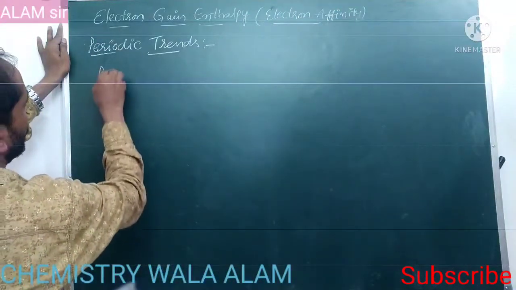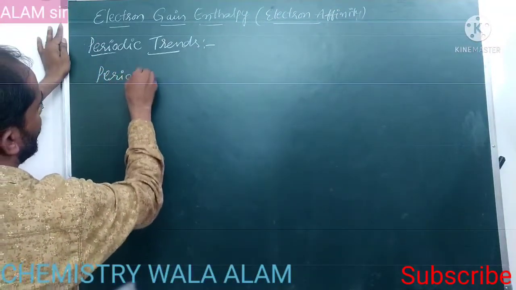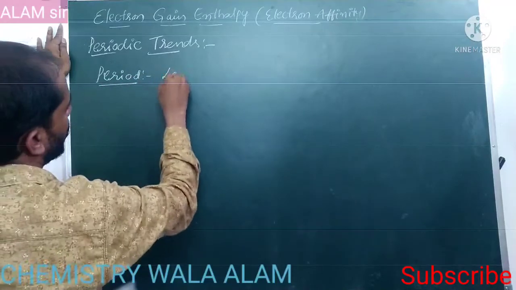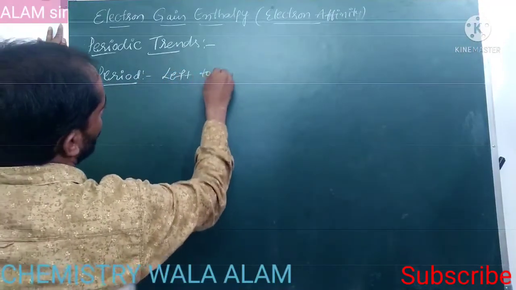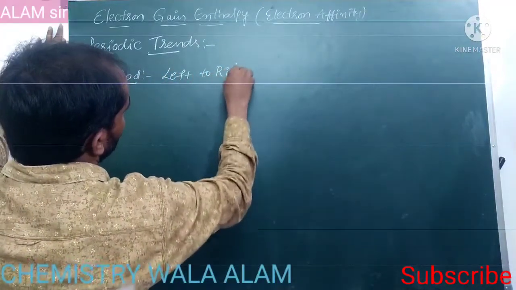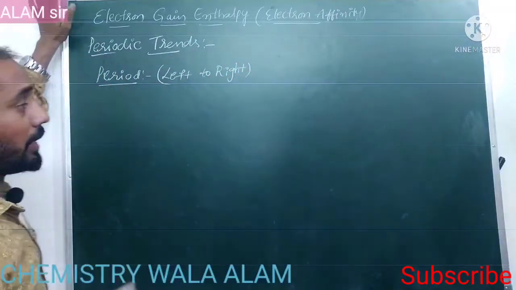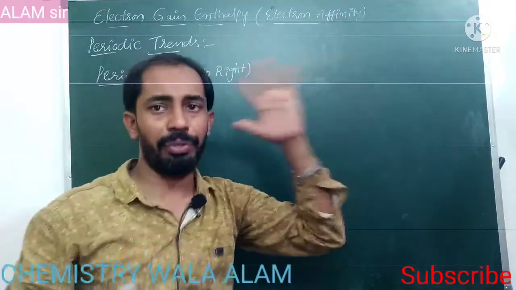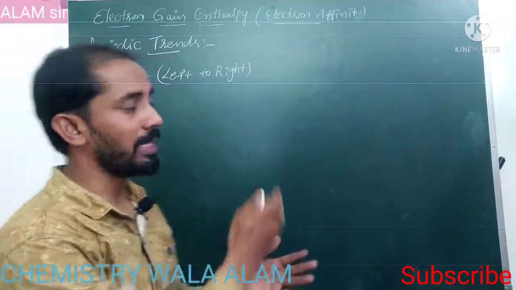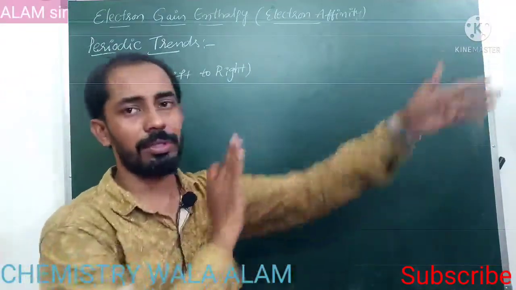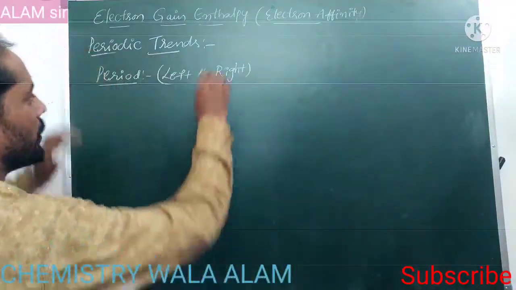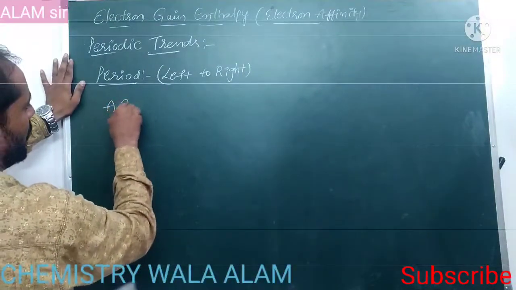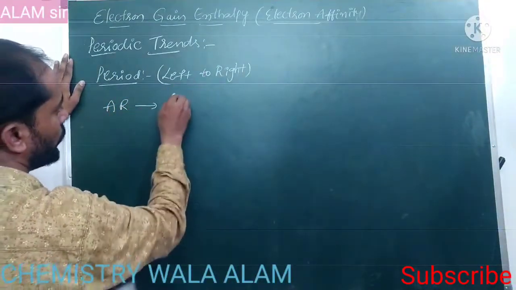So in a period, we go from left to right. What happens to electron affinity when we move across the period from left to right? First of all, atomic radius decreases from left to right.